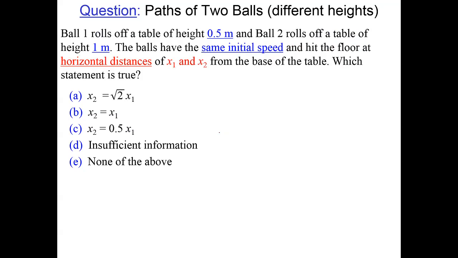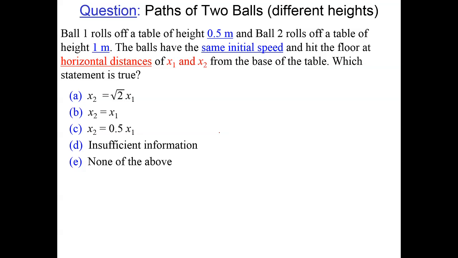Our next problem: one ball rolls off a table that is at 0.5 meters, and ball 2 rolls off a table that has a height of 1 meter. So ball 2 has a height that is twice the height of ball 1. They both have the same initial speed, so the only difference is the height. First, from the higher table, ball 2 should travel further. By how much?